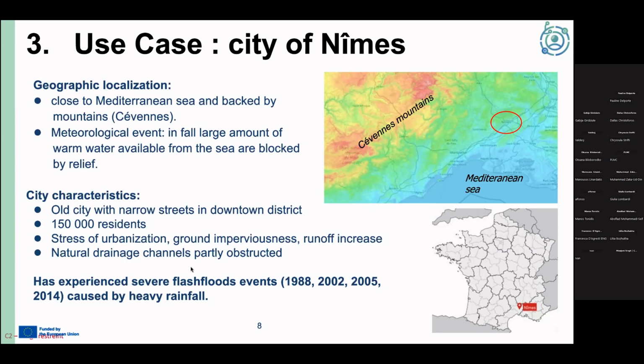The natural drainage channels were also partly obstructed. This is another explanation for why they are suffering from flash floods.